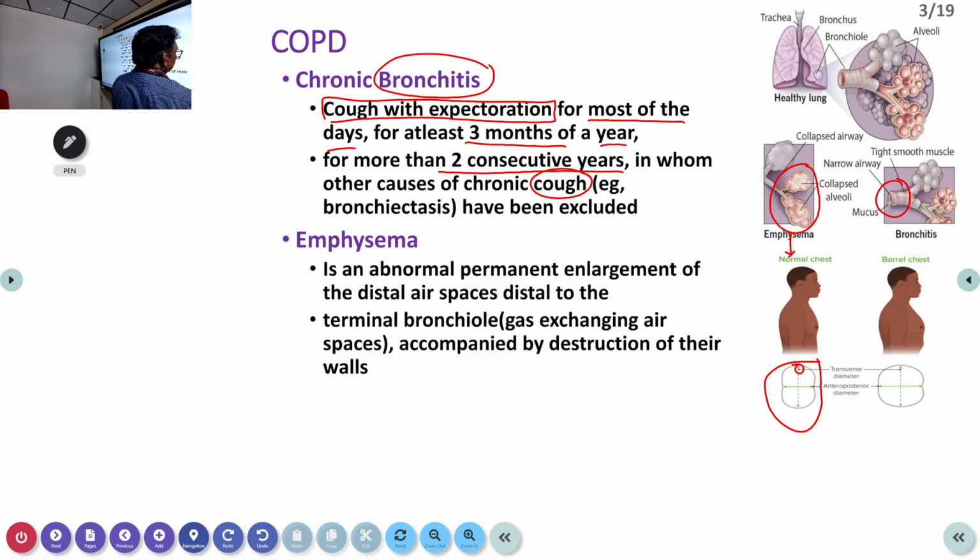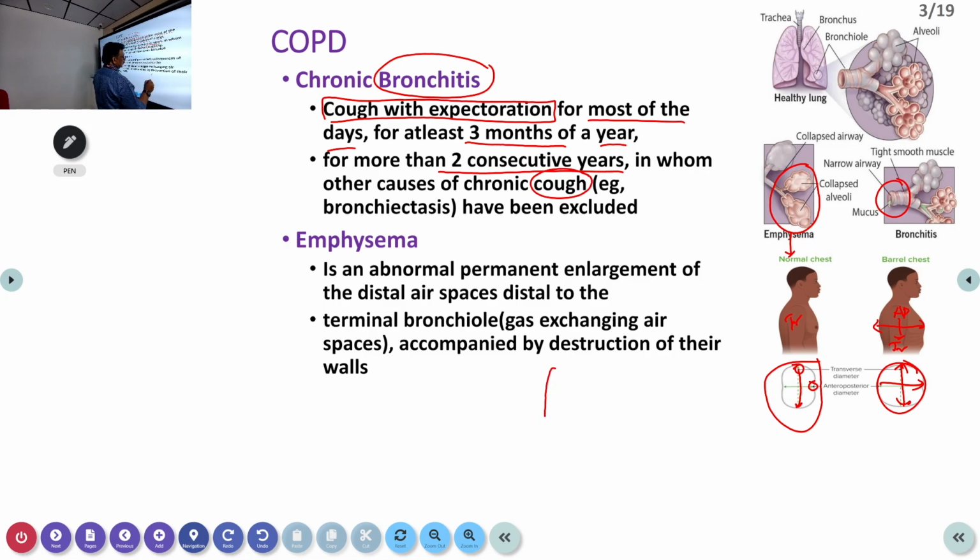The transverse diameter is always more than the AP diameter, but here both are almost equal, because the chest is expanded like this. The AP diameter comes near to the transverse diameter, so it is called a barrel chest.